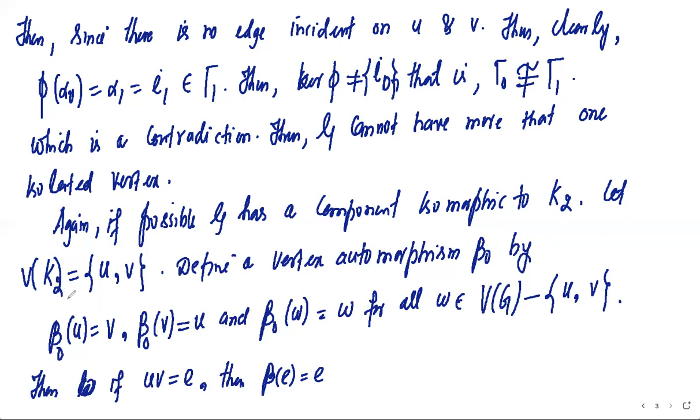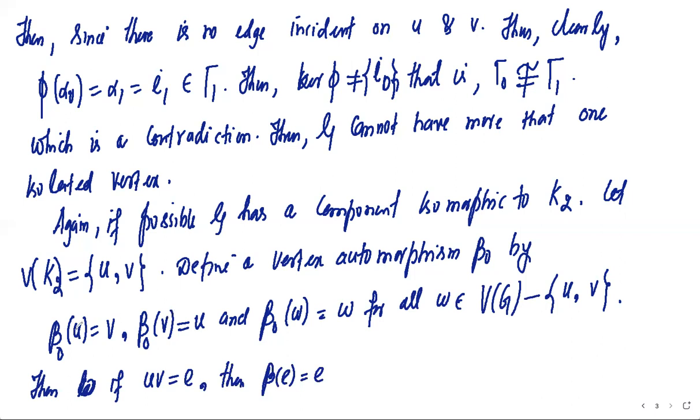These two are the vertices of K2, which is assumed to be a component of the graph G. So if this is a separate component, that means no other edge is incident on U, and no other edge is incident on V. So this is separately just one K2.